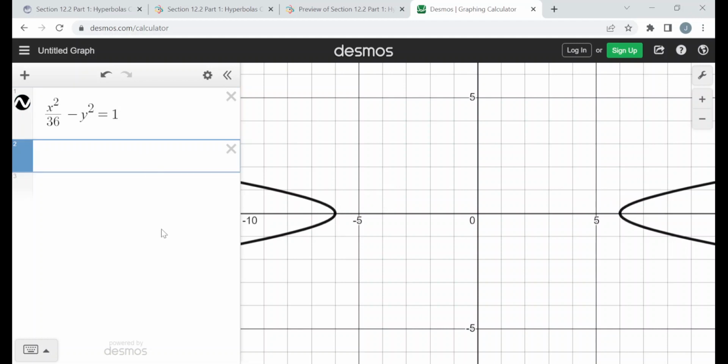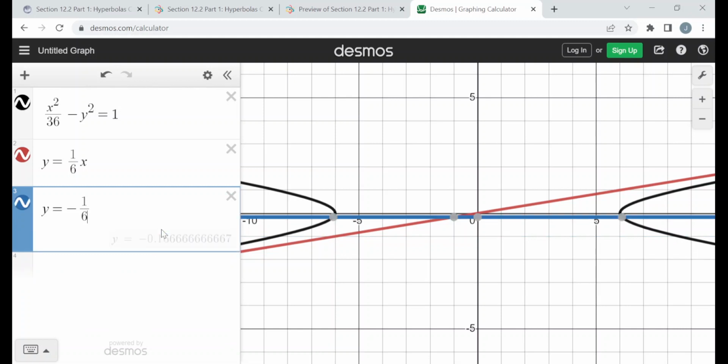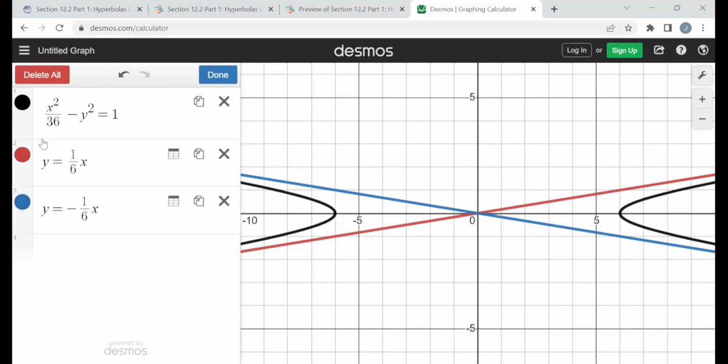Now let me just make certain that my asymptotes are correct. That's y equals 1/6 x and y equals negative 1/6 x. I'll make those the same color and dash them.